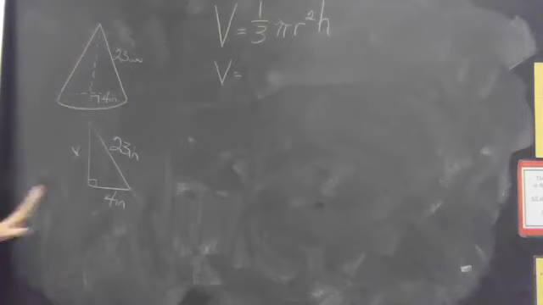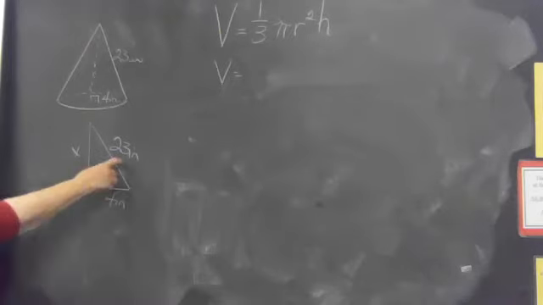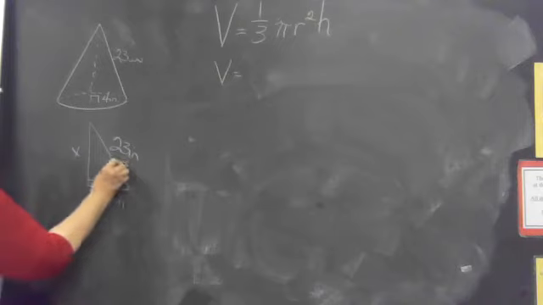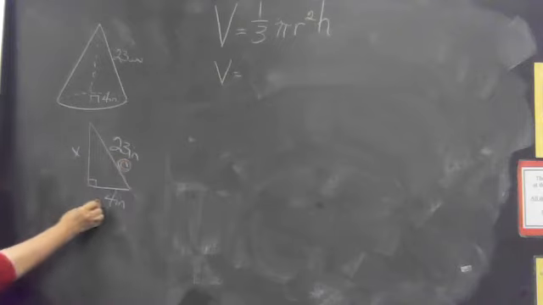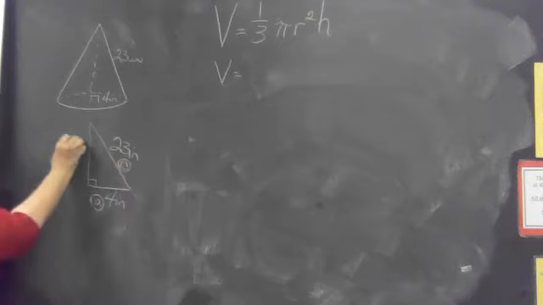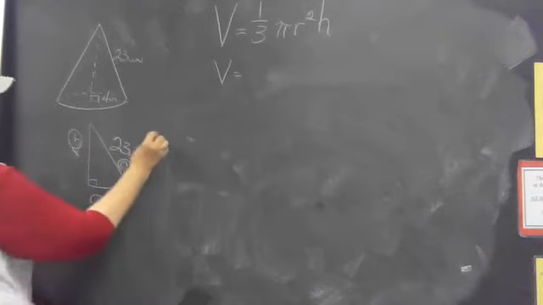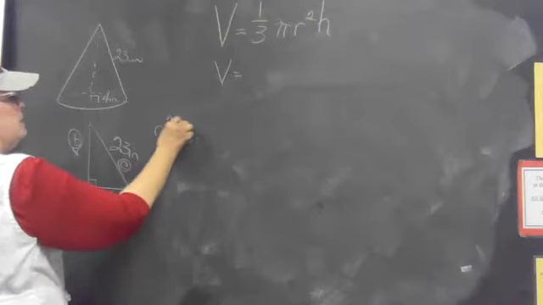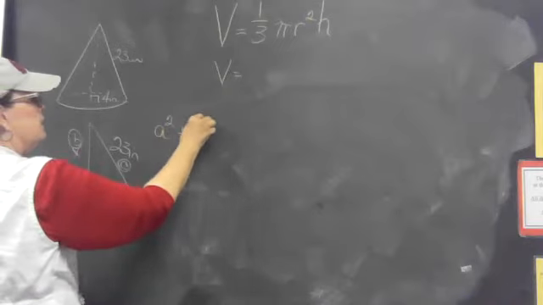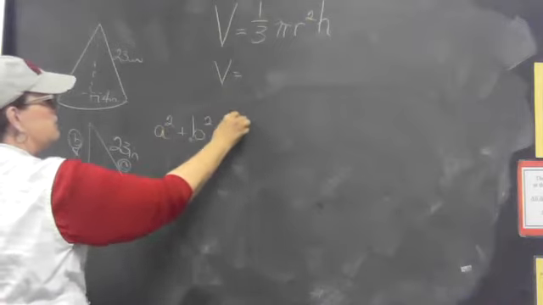Okay? So we're going to use Pythagorean theorem, but before we do, we've got to make sure and find the C. Which one is C? The 23. This one. Because the guy's sitting here looking at the hypotenuse. So this is going to be our C. It doesn't matter which one is A and B. Okay? So our formula is A squared plus B squared equals C squared.